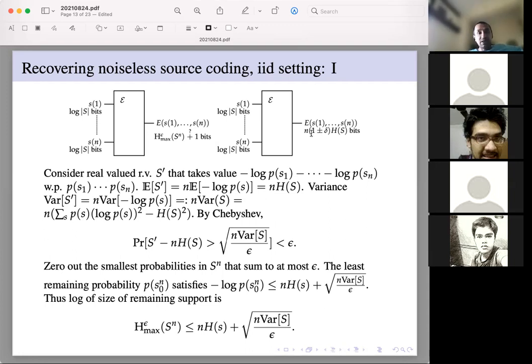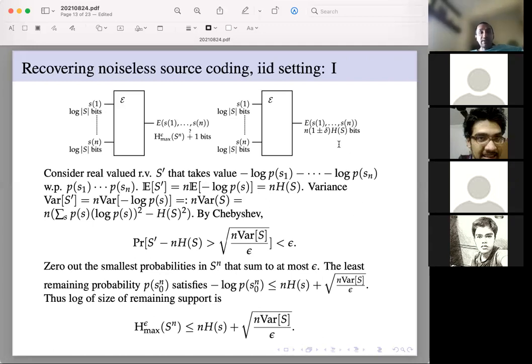The traditional achievability proof says that I can achieve n H(S) times 1 plus delta. The one-shot proof says I can achieve H epsilon max S to the power n plus 1 bits. But how large is H epsilon S to the power n? It is n H(S) plus a quantity which depends upon the square root of n.